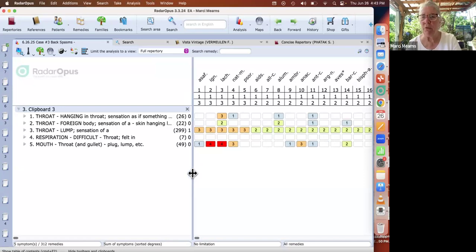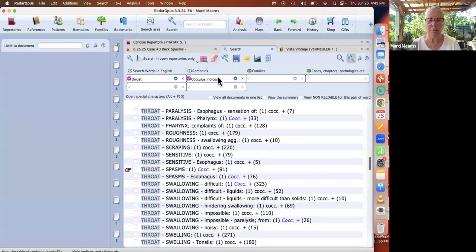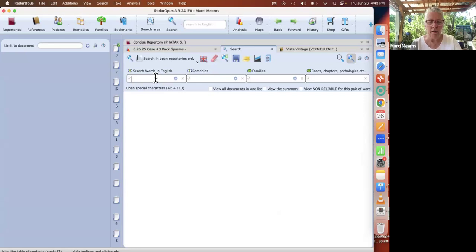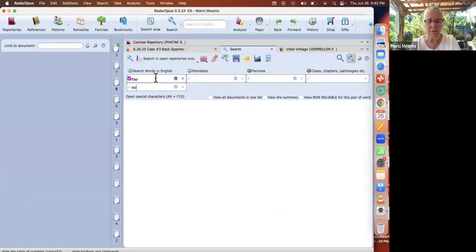Now, the way I find these symptoms, if I don't know where to look, which is quite often, most of us have that issue, I know about throat sensation of a lump, but flap, I'm going to have a little more trouble with. So I'm probably going to go to my search. You remember, I like my advanced search, and I'm probably just going to type flap and throat.